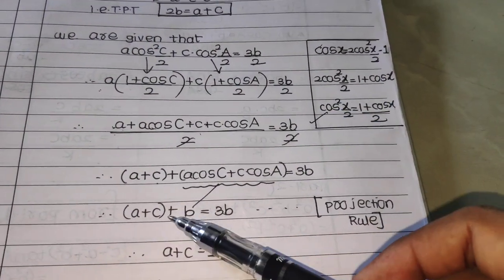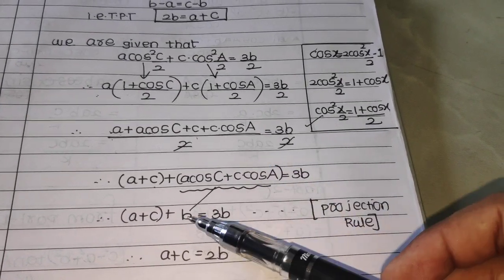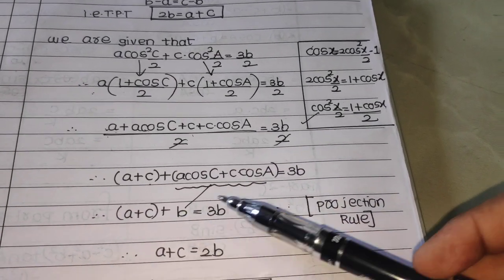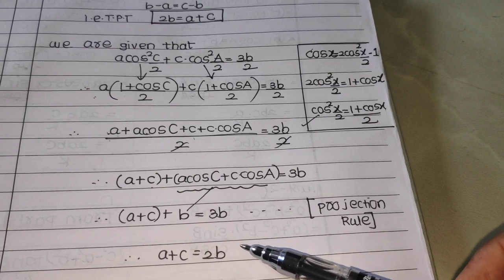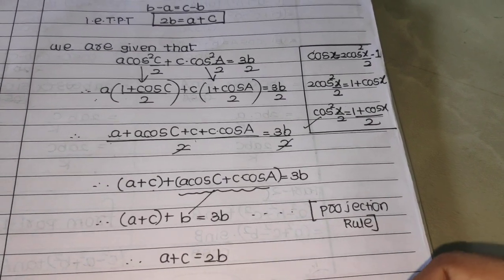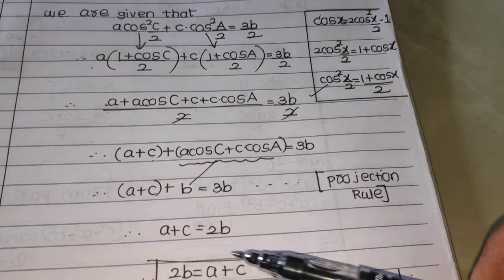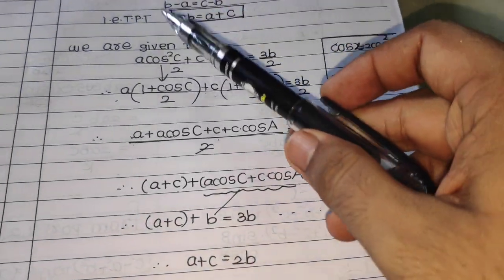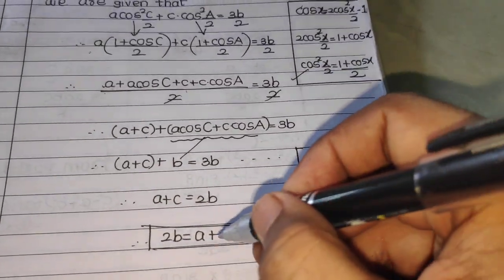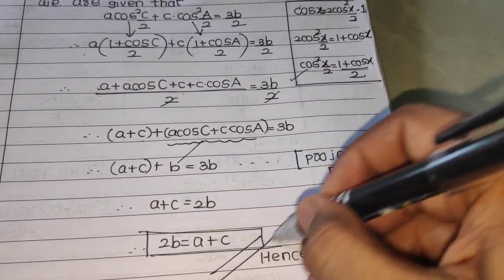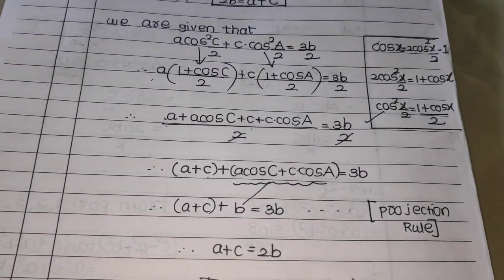Now a cos C plus c cos A will be b. b will shift on that side, so a plus c equals twice of b. So 2b equals a plus c. That's what we have to prove, the required result. Go to the next question.